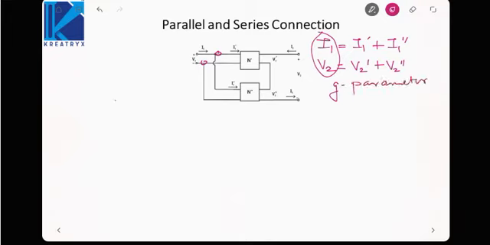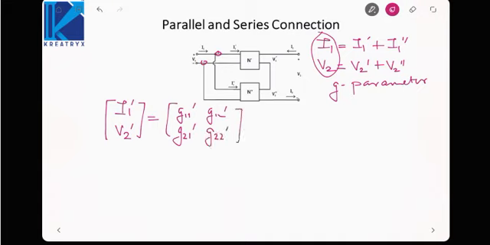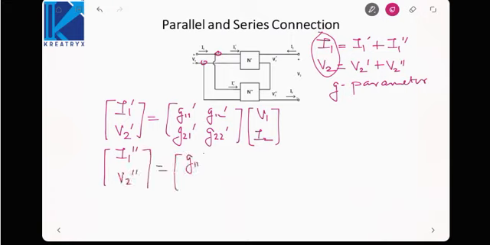So for the first network, I can say I1 dash, V2 dash is equal to G11 dash, G12 dash, G21 dash, G22 dash, and here we will write V1, I2. For the next network, I1 double dash, V2 double dash, G11 double dash, G12 double dash, G21 double dash, G22 double dash, V1, I2.